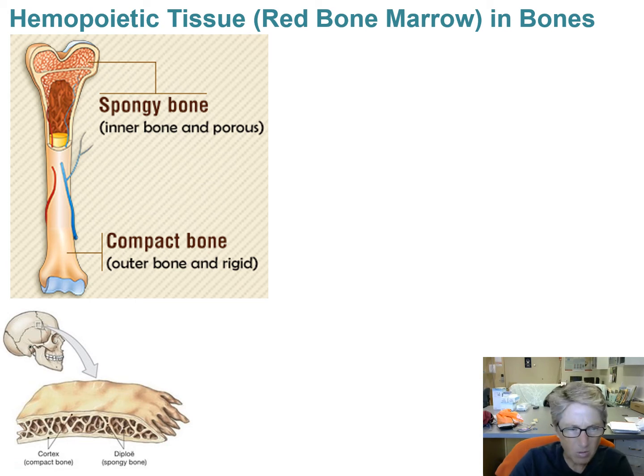I think this is a cartoon of a humerus, and inside the head here there is spongy bone, and within that spongy bone lives red bone marrow, and that red bone marrow is not just a marrow, it's actually hematopoietic tissue, and that's where you make your blood cells.